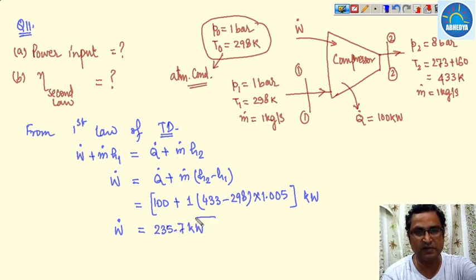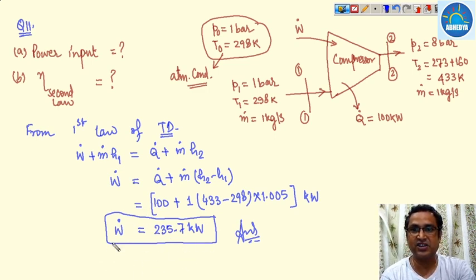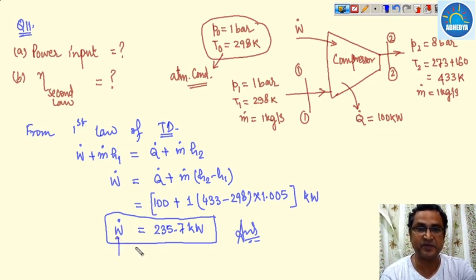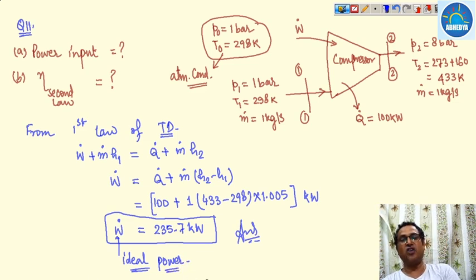So this much power is required to run the compressor. This is your ideal power, because we are not at all considering any friction. So this is the ideal power, or the maximum power, where we are not considering any friction.